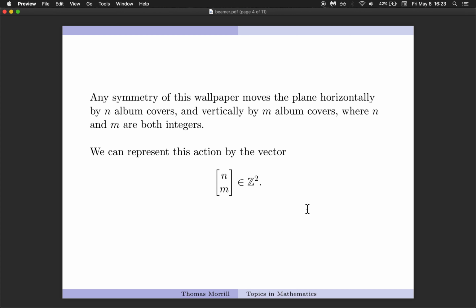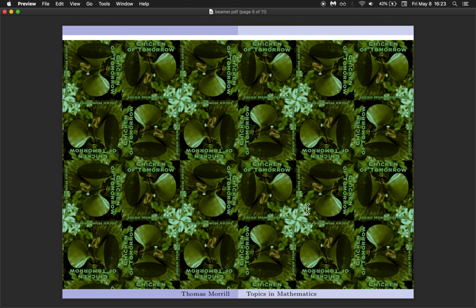And I can imagine a more elaborate wallpaper, maybe one that has some kind of reflective symmetry, like a mirror image line in that wallpaper. Or a wallpaper that has a rotational symmetry. So here is a different wallpaper that has different symmetry properties.